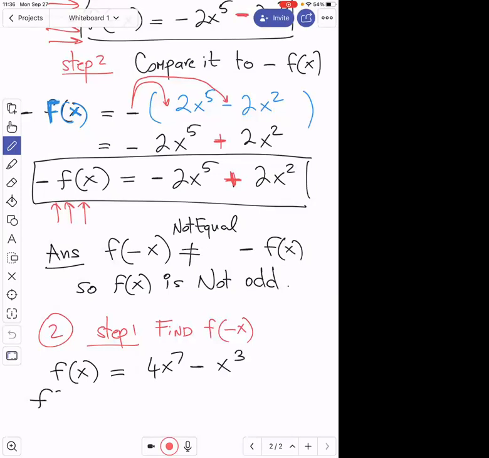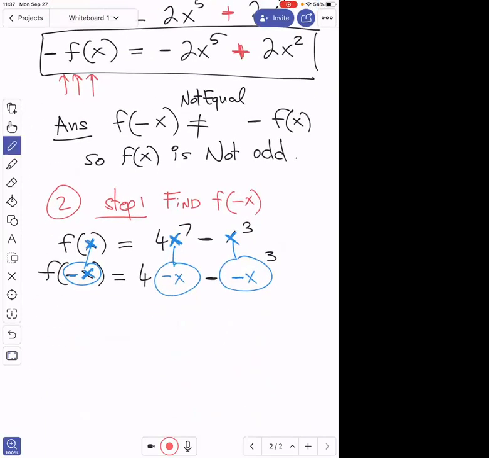So step 1, I want to find f of minus x. My original function is f of x equals 4x to the power 7 minus x cubed. I'm going to substitute x with minus x, this x right here and this x right here. There's a 4 in front, this minus right here, and this cube.